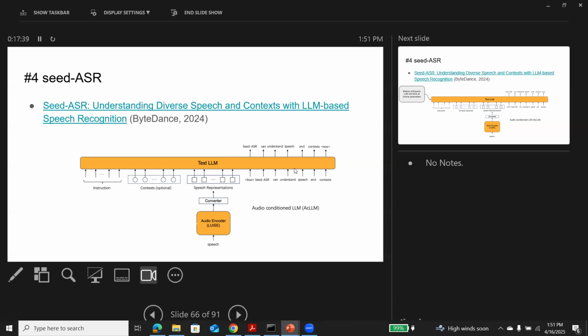You create this encoder that converts typically a spectrogram or speech into embeddings. Then we use, for example, a linear layer just to match the dimensions of text tokens and audio tokens, and just pass them into our language model.